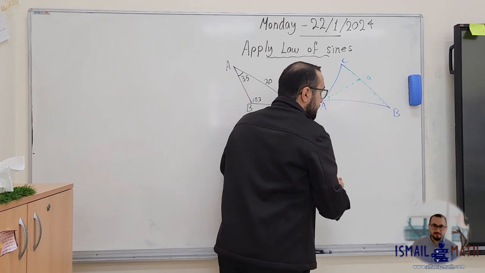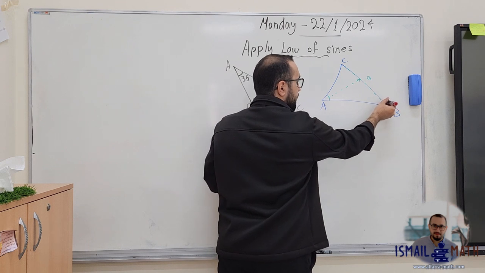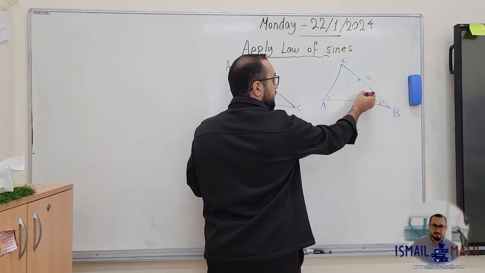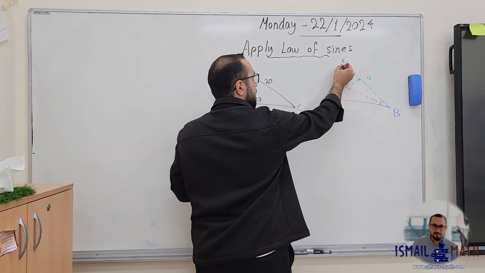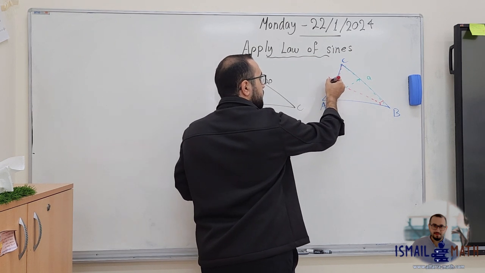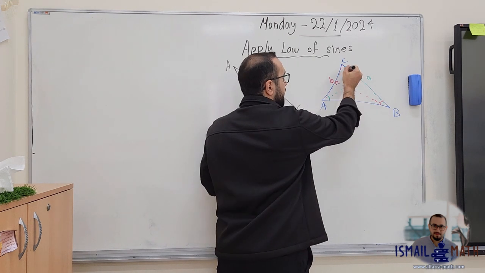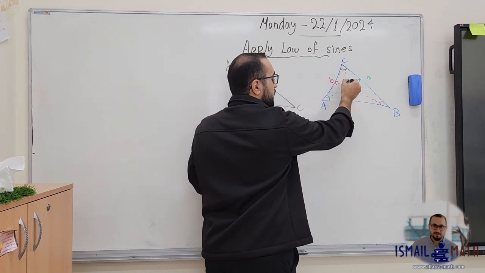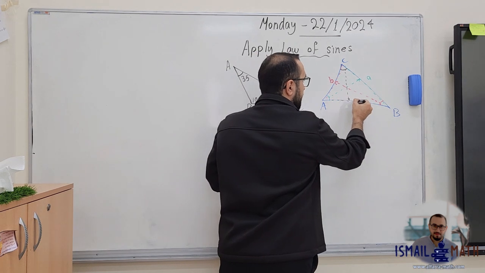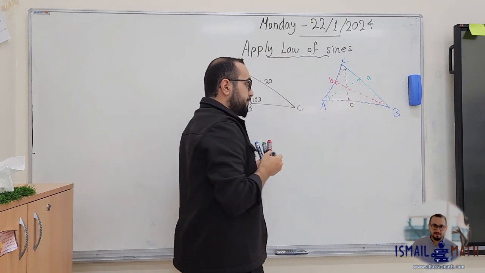Angle B is this one, and the side opposite angle B we call small b. Then the last one, angle C, has the opposite side which is small c.